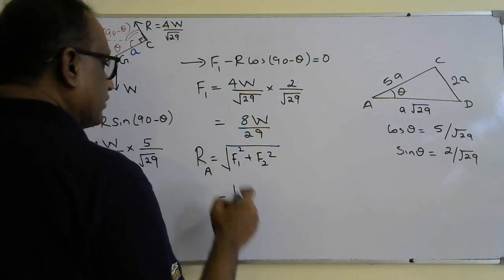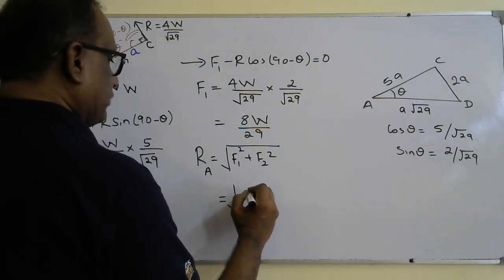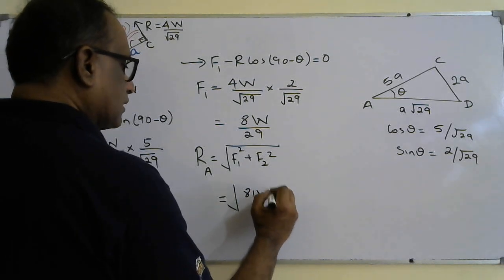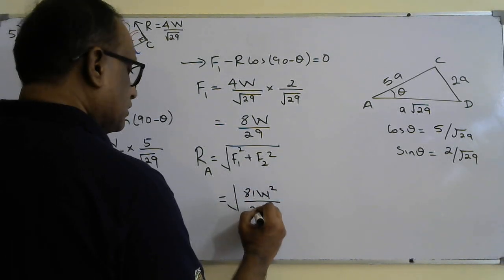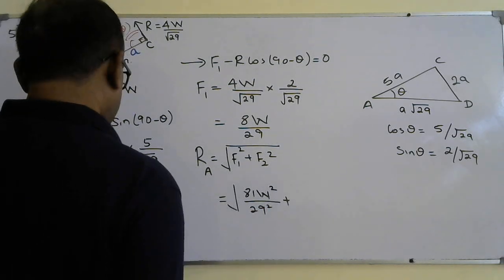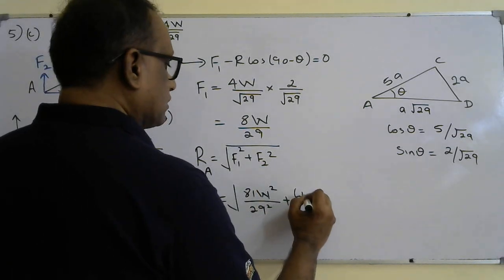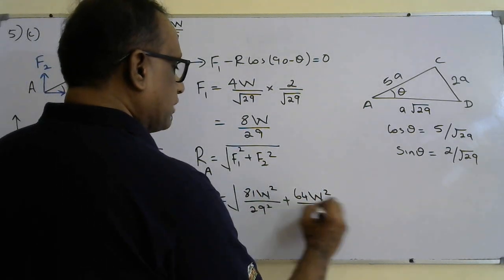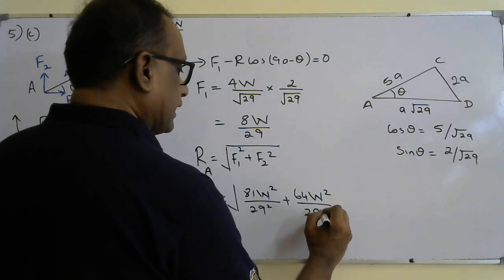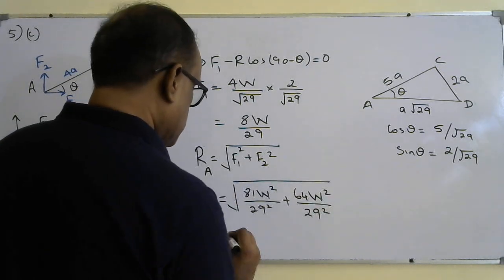So square root of F1 squared, that is 81 W squared over 29 squared, plus 64 W squared over 29 squared. So solve it.